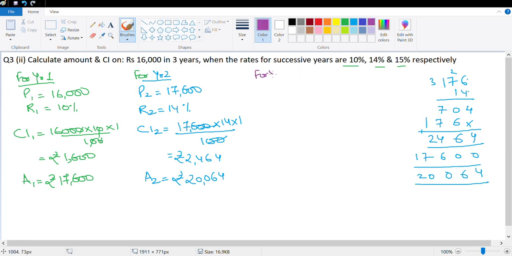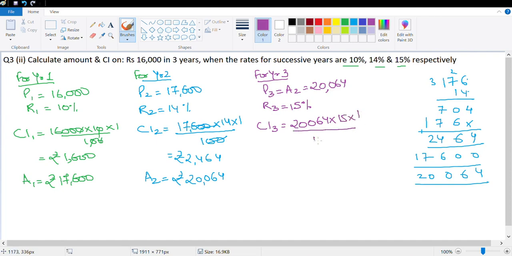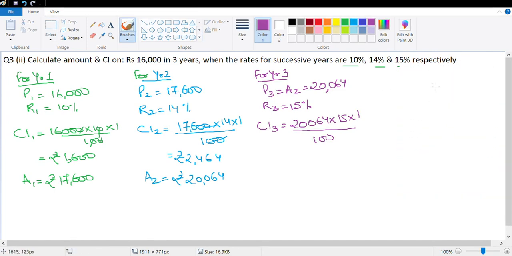For year 3, the principal for year 3 is equal to the amount for year 2, which is equal to 20,064, and the rate for year 3 is 15%. So compound interest for year 3 would be 20064 into 15 into 1 upon 100. I'll need some space to multiply, so let me just remove all this and let's now multiply. 20064 multiplied with 15.